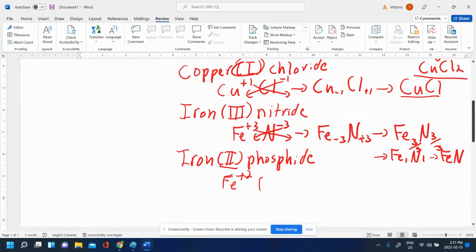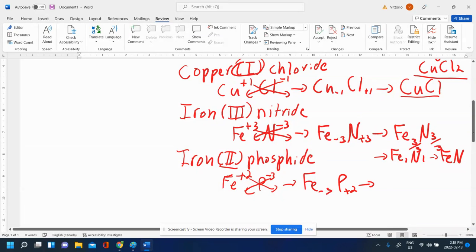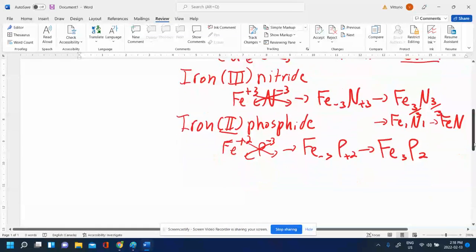Phosphide, group 15, -3 charge. Crisscross there, and you get Fe -3, P +2. You can remove the signs there, so you get Fe3P2, and there's iron(II) phosphide.